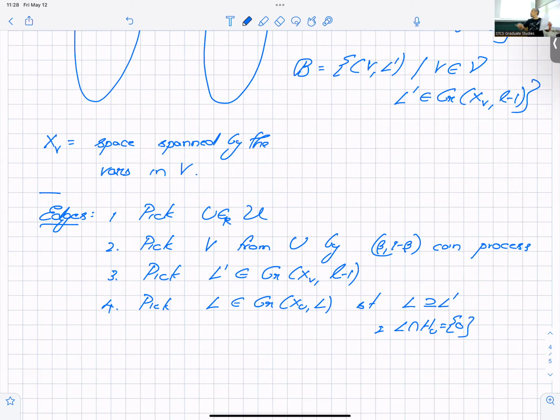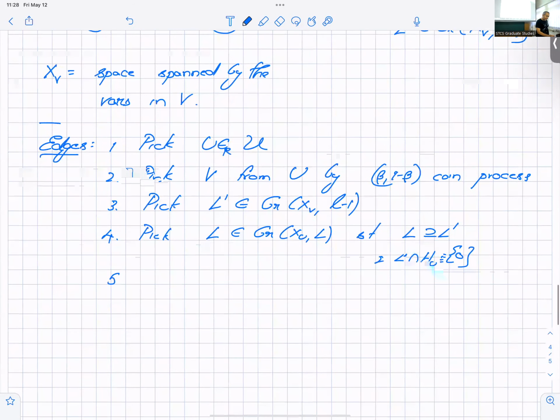Pick any such extension and then output UL, VL prime as an edge. But in this case, one of the L's is L prime. One of the L is smaller.